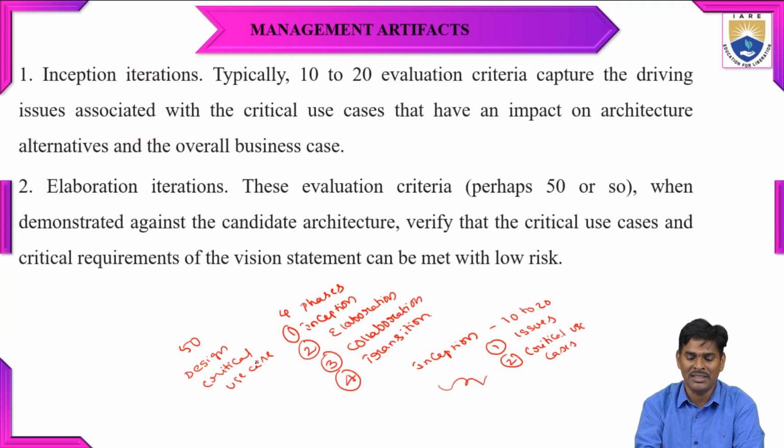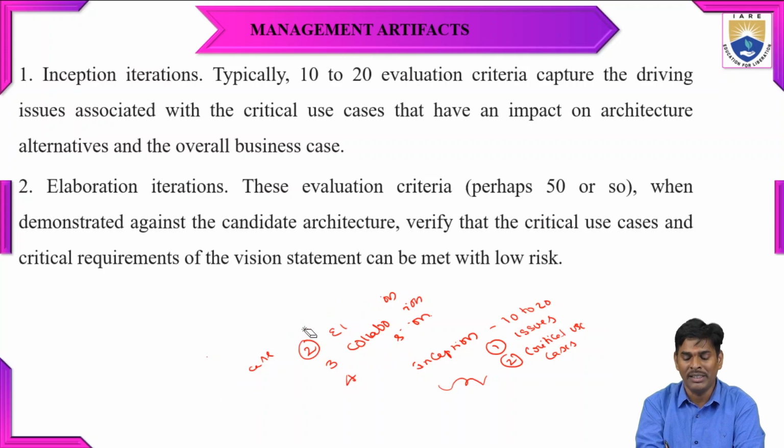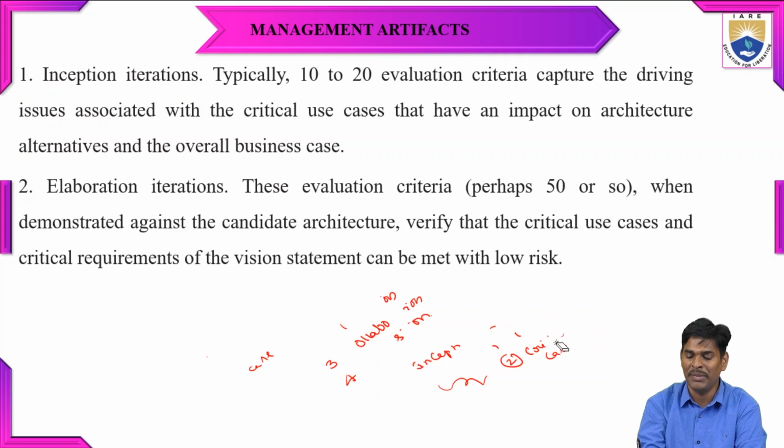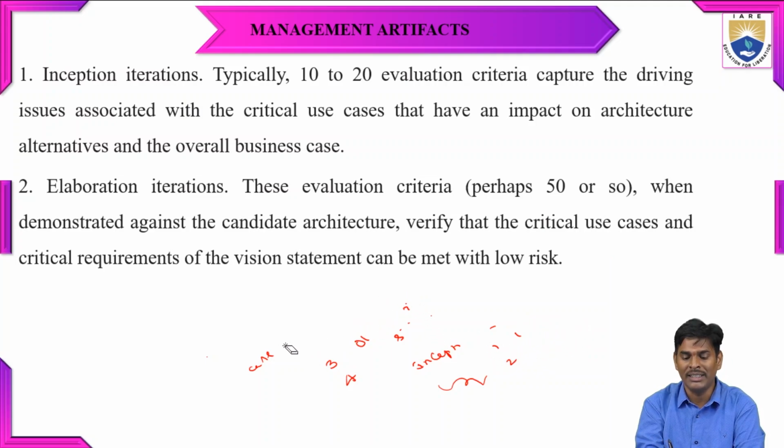It means when they are in the elaboration phase, they need to check whether this architecture or the requirements can be implemented in a proper manner or not, or verify whether it can have lower risk when they are designing these architecturally critical use cases.